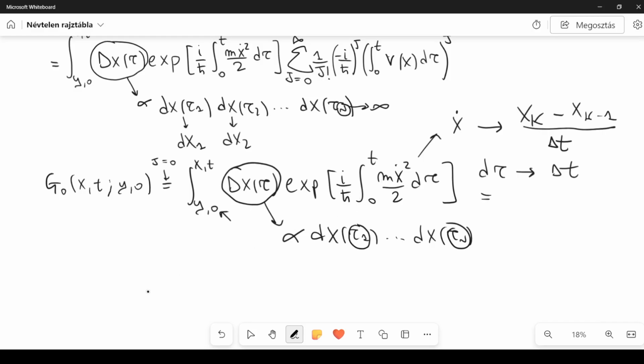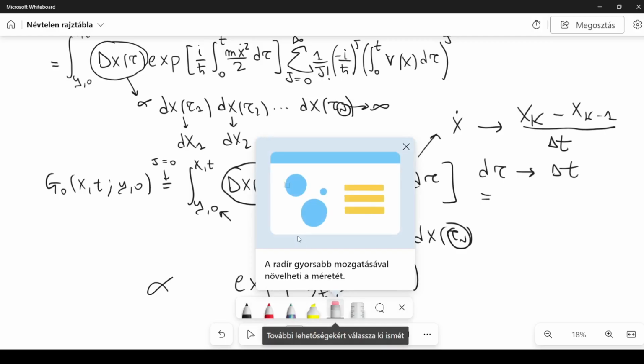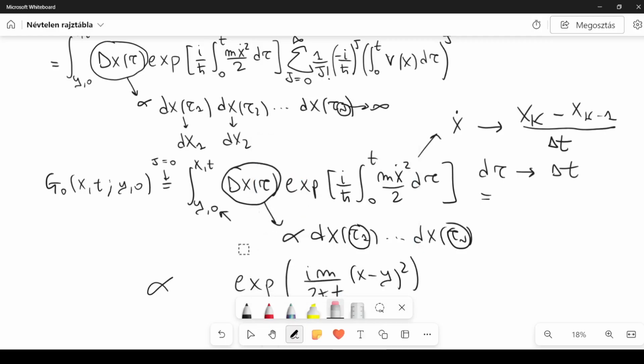And what you get is something that is proportional to the exponential of i m over 2 h bar t times (x minus y) squared. And if we define the proportionality constant in a certain way, I will tell you a little bit more about it, but now let me try to give you the intuition.